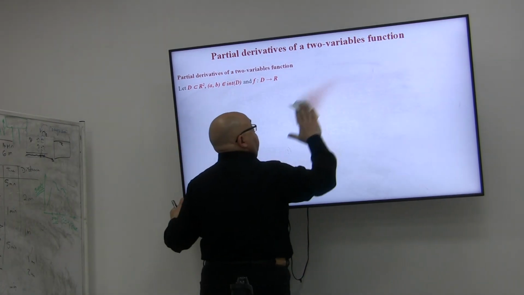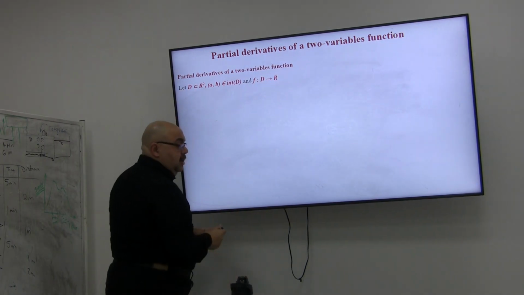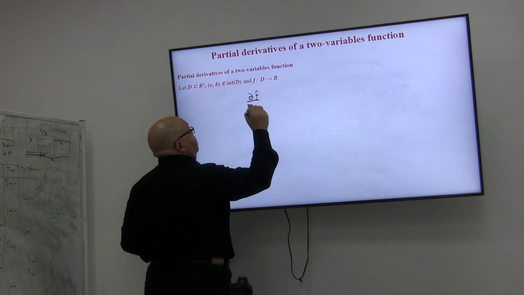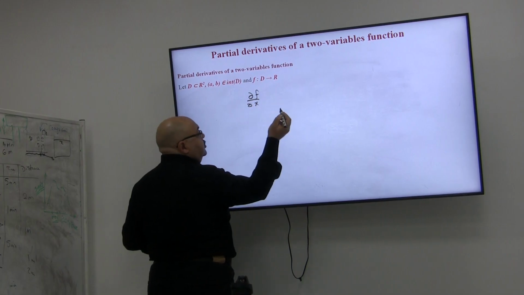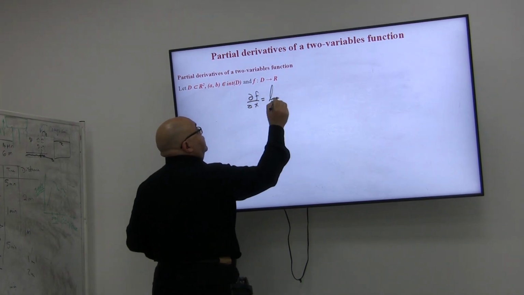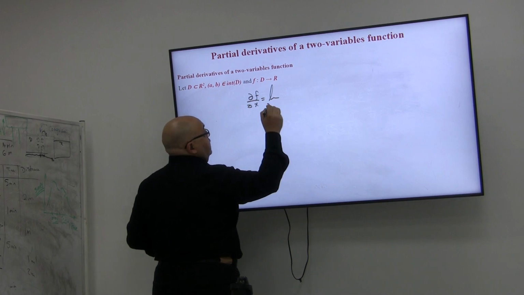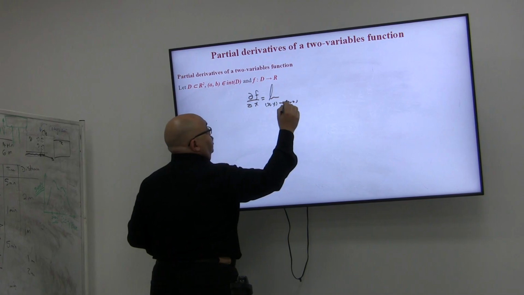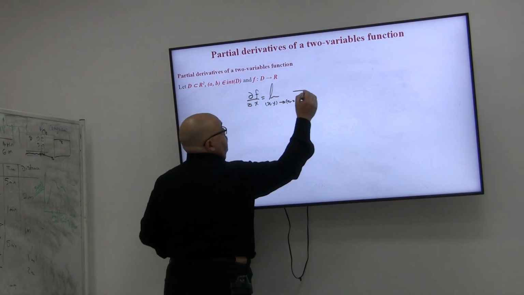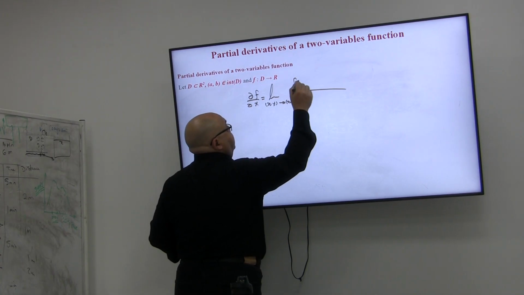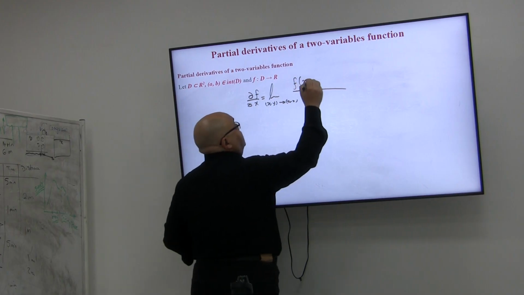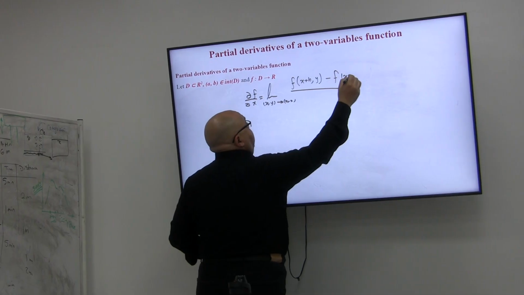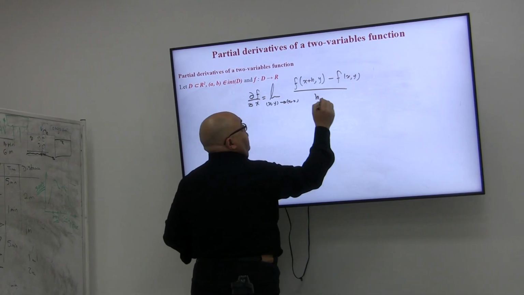Okay? So, how to introduce the limit law in case of partial derivatives? In partial derivatives, the limit law is stating that if I want to get partial f, partial x, if it is in xy, it's going to be the limit of x and y, or a and b, tends to the origin, of the function f of x plus h and y minus f of x and y divided by h.